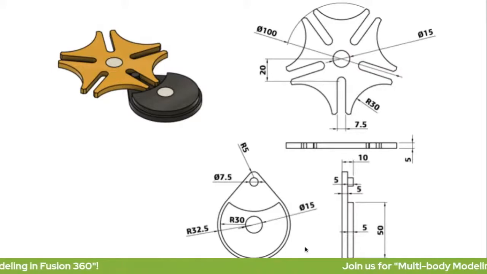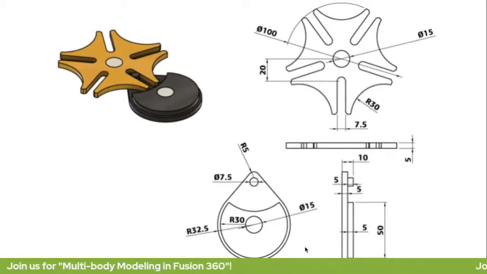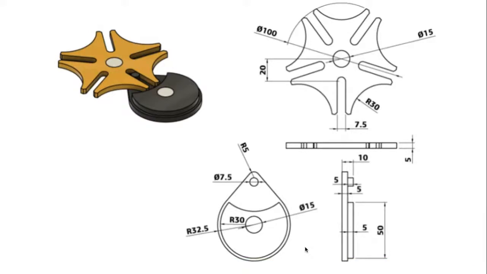In this assembly, we mainly have two components: one is the follower and another is the cam. The cam and follower mechanism will be assembled in the Fusion 360 workspace. So I would like to start this design with Fusion 360. Let's start.